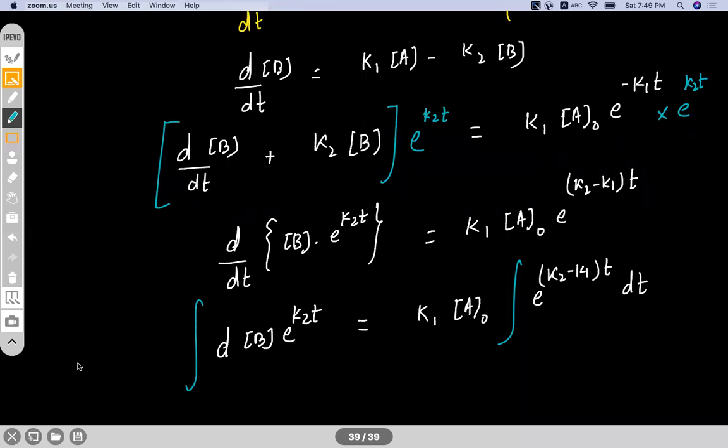Okay, after this, you see, when you integrate this, on the left hand side we get concentration of B e to the power K2T is equal to, we have K2 minus K1 into dt, no? So we'll multiply by this. So we'll have K1 A naught, which we already have.